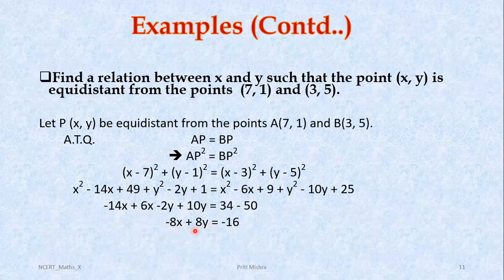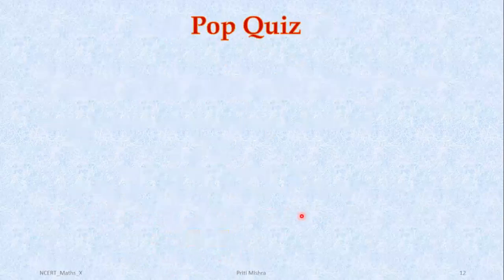Now we will take 8 as common here, and 8 will divide this 16. Then we will have the answer x minus y is equal to 2. So this is the relation between x and y which we had to find out, which they are asking in the question.